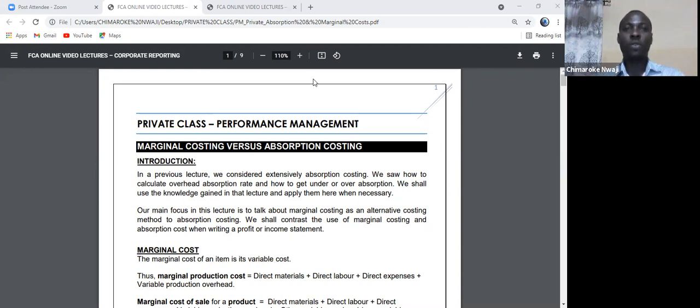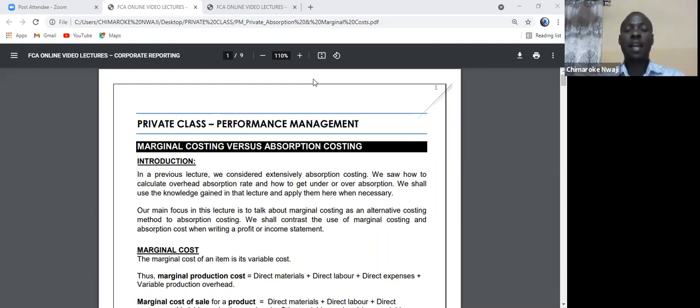And we directly allocate the variable costs. For the fixed cost, we use something called overhead absorption rate, whereby we look for that rate in relation to labor hours. And we also did something called over and under absorption. That was what we learned in absorption costing from the last lecture.